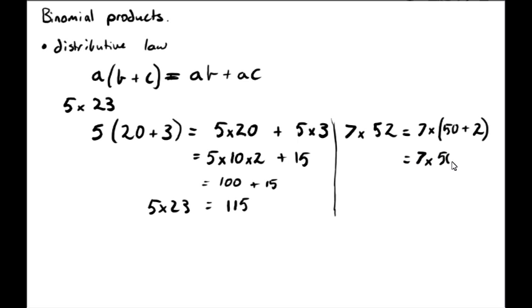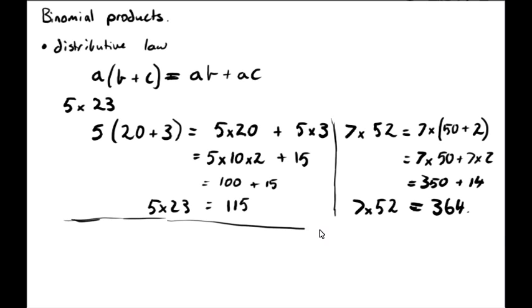So 7 times 50 plus 7 times 2. 7 times 50, well, that's 7 times 5, which is 35 times 10, plus 7 times 2. Our answer is 364. Alright, so that's basically a little application of using the distributive law in terms of multiplying any kind of number.